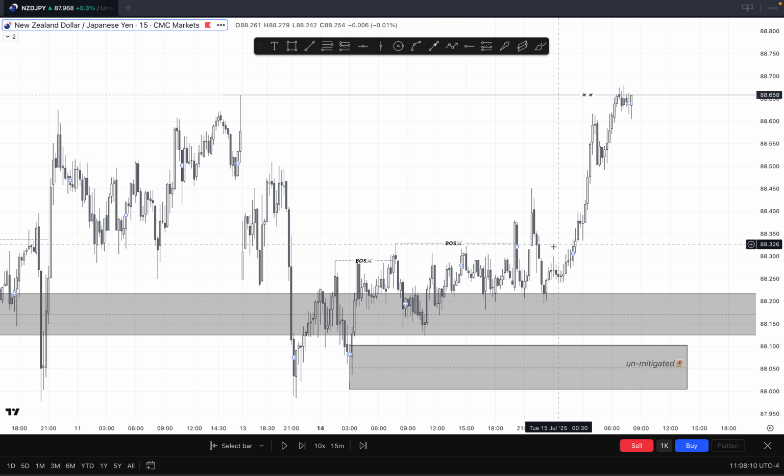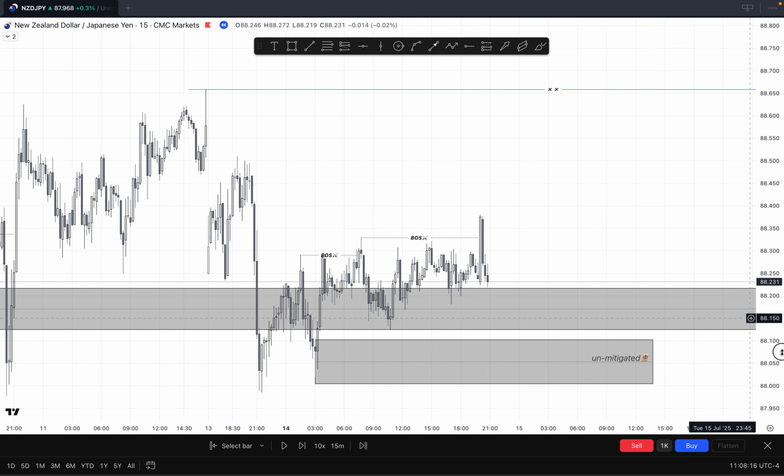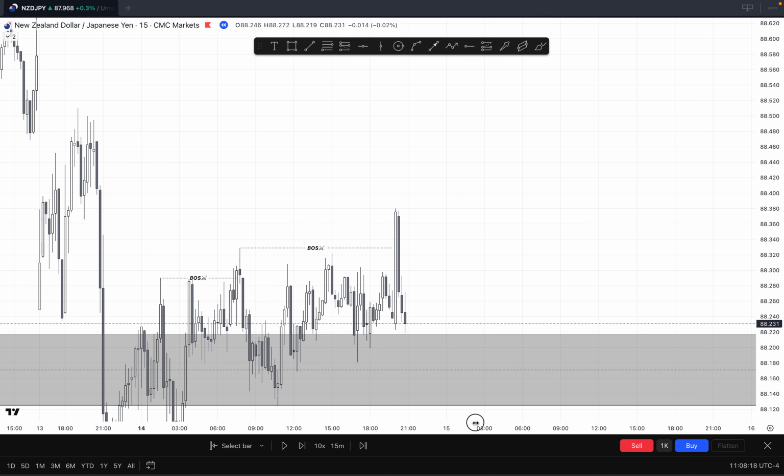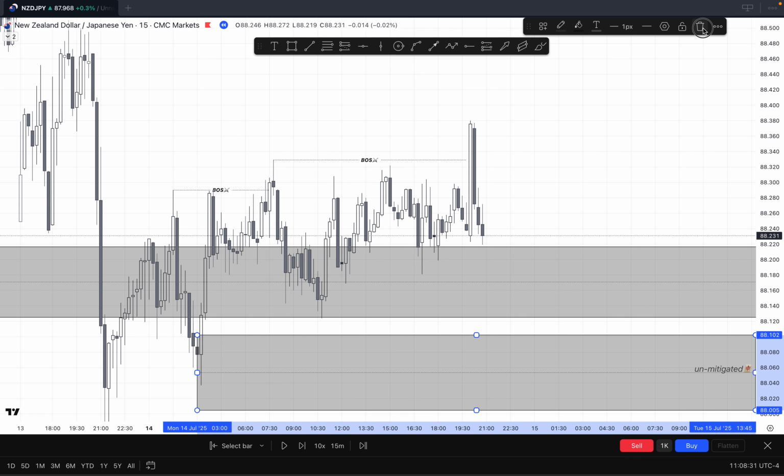So let me show you guys how I would have taken this trade. Once I have a new breaker structure, this should no longer be of any validation. I should have just deleted this.